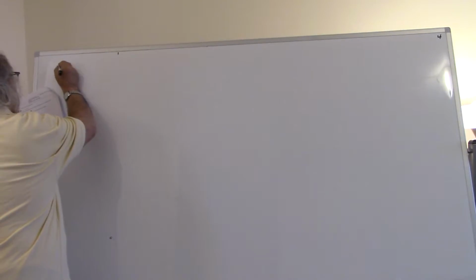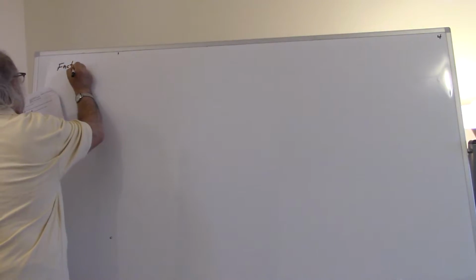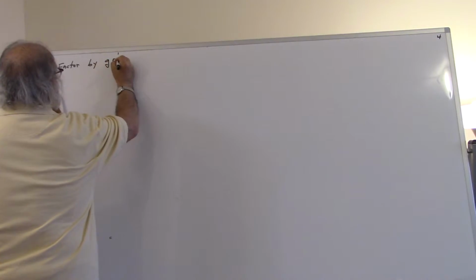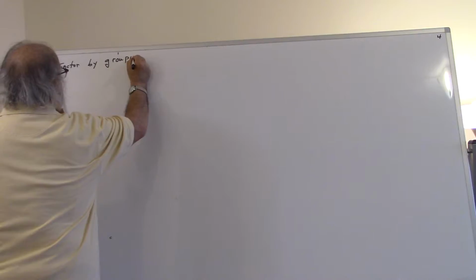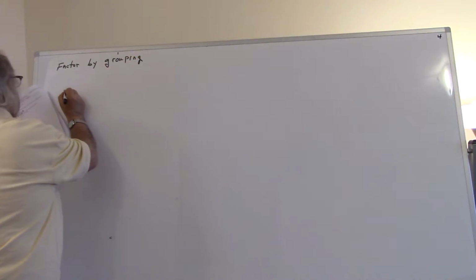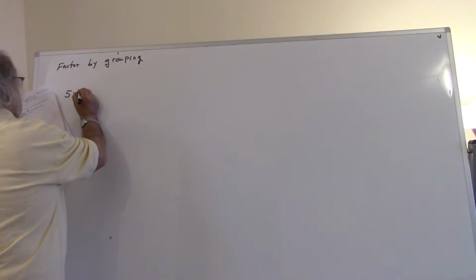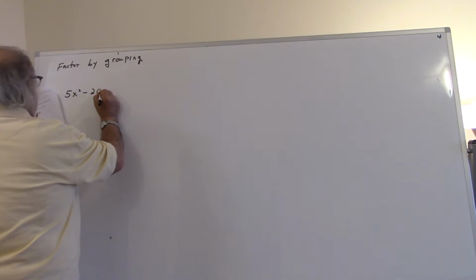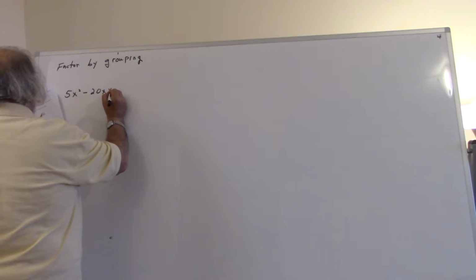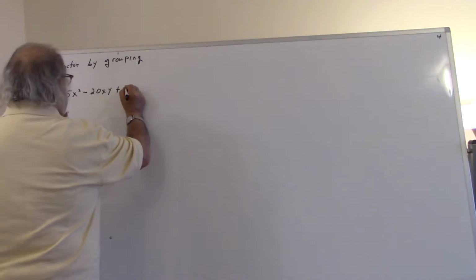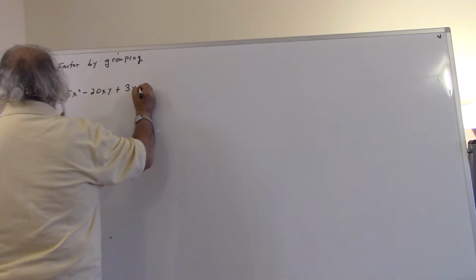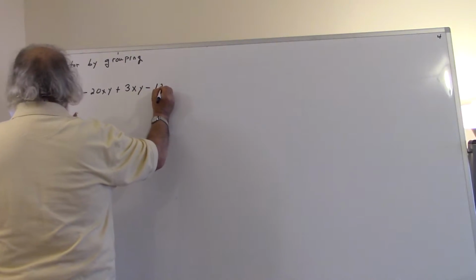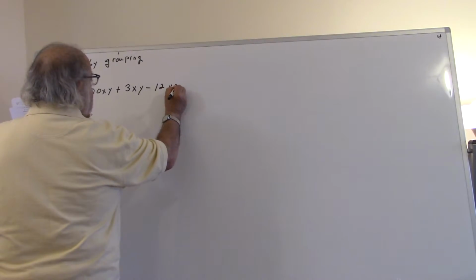Alright, factor by grouping. 5x squared minus 20xy plus 3xy minus 12y squared.